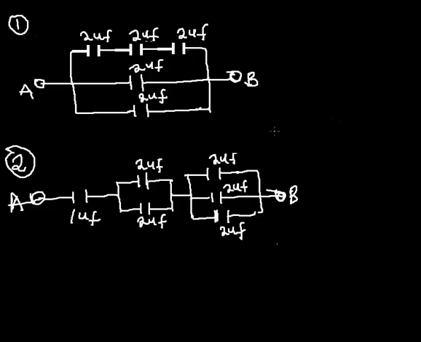Between point A and B there are three branches, and every capacitor connected in branches is in parallel. Let's say this is branch one, branch two, and branch three. In branch three, I have three capacitors connected in series, so I have to resolve them as one.